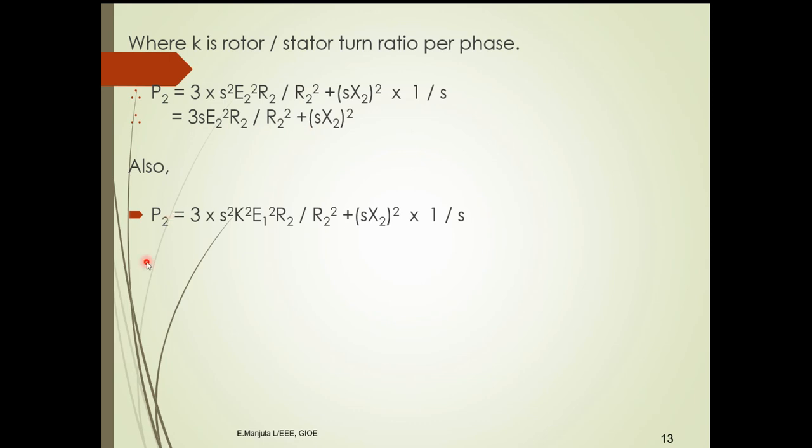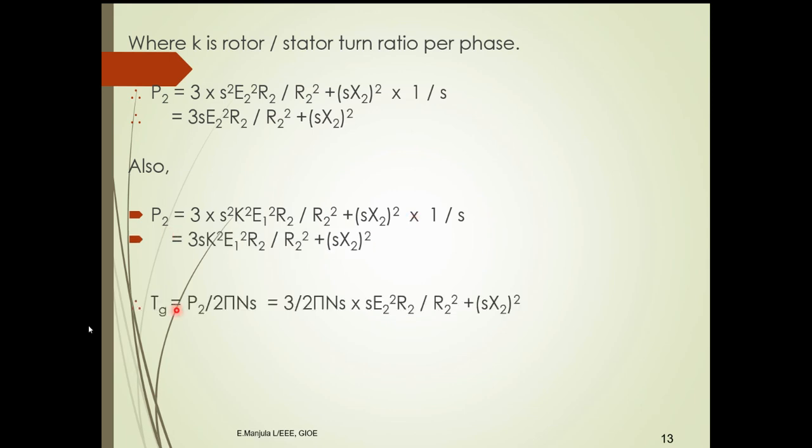Also, P2 is equal to 3 into S square into K square E1 square R2 by R2 square plus SX2 whole square into 1 by S. So the total P2 is equal to 3 into S K square E1 square R2 divided by R2 square plus SX2 whole square.